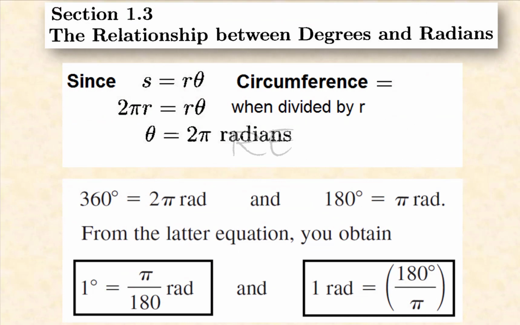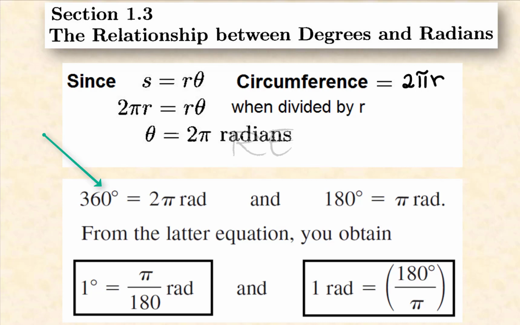Since the arc length is equal to R theta and circumference is equal to 2 pi R, for a full revolution, 2 pi R, which is the arc length, the circumference, is equal to R theta. Divide both sides by R: theta is equal to 2 pi radians.